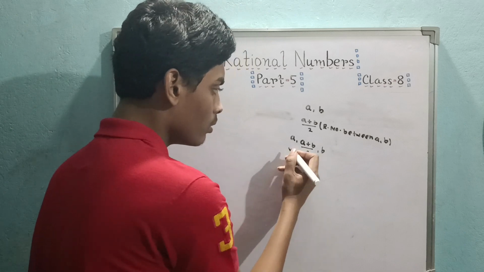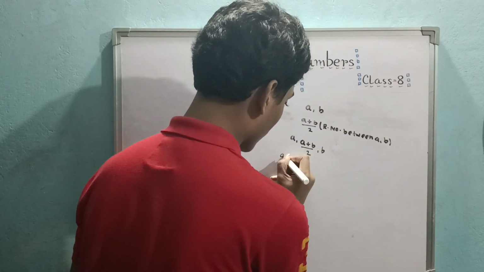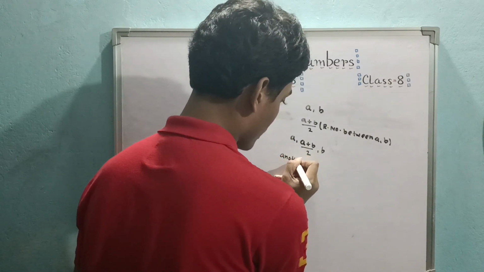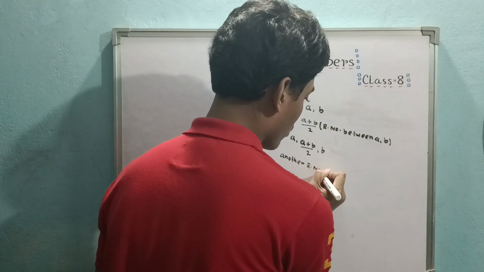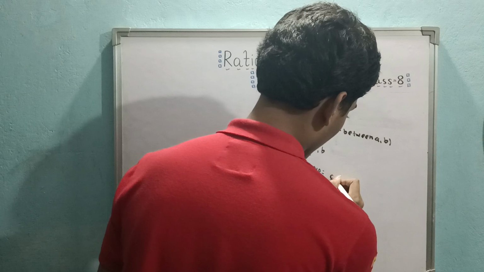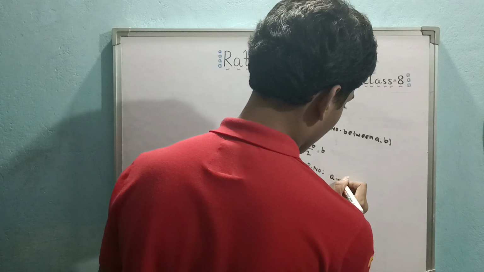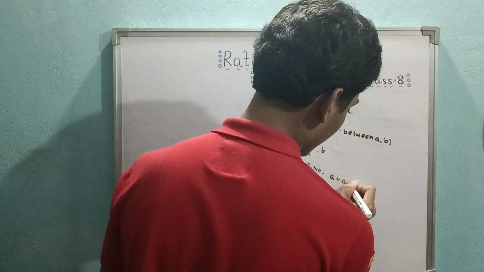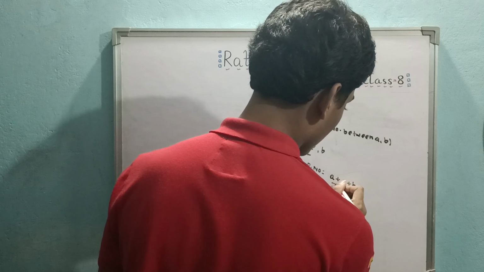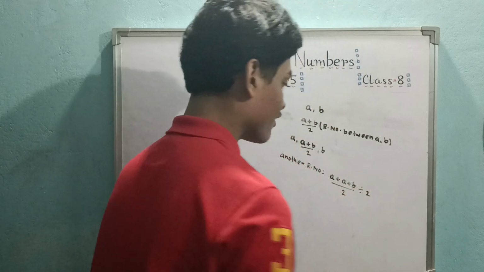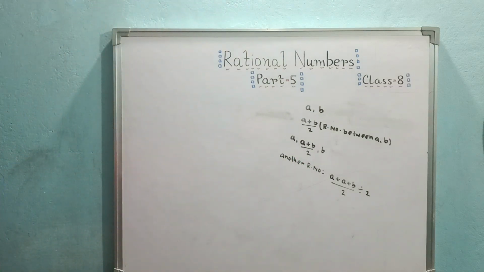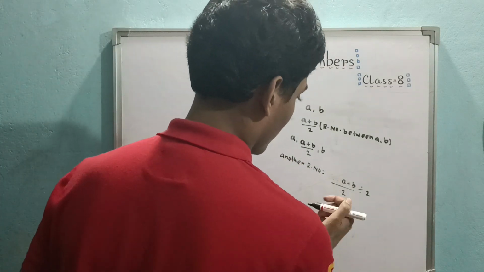What you can do, another rational number equal to a plus b by 2, divided by 2. Another rational number.